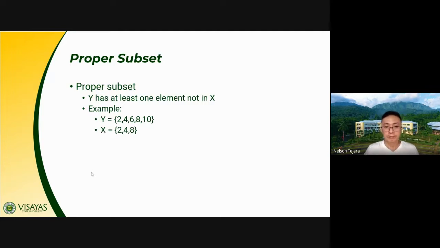Oh sorry, the symbol seems to be reversed. Okay, sorry for that. The symbol, class, this is subset, while this one is proper subset. Please be corrected. So again, this is a symbol for subset, while this one is a symbol for proper subset. Sorry for the corrections.